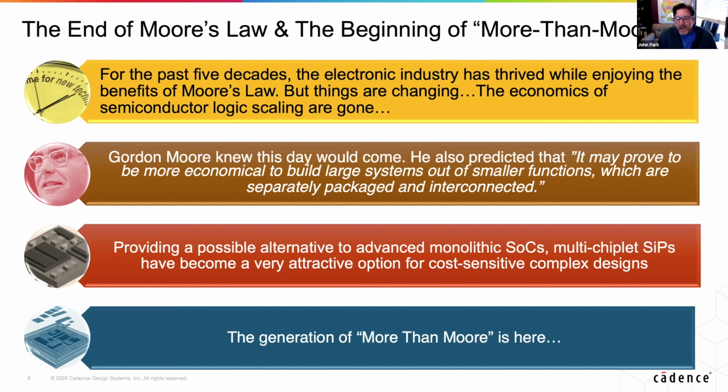So that changed a long time ago with 28 nanometers. The cost per transistor is not going down. It's not being cut in half like it was back in the olden days. And we're seeing the beginning of the end of Moore's Law. For some companies and some industry standard bodies, the end of Moore's Law is already here.